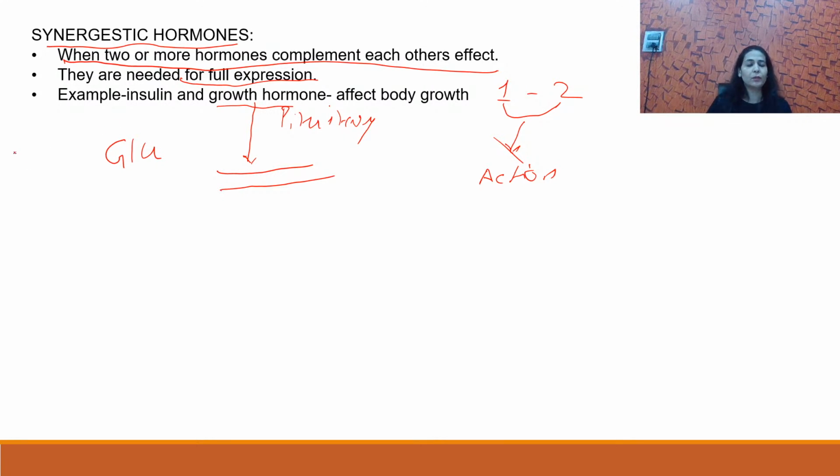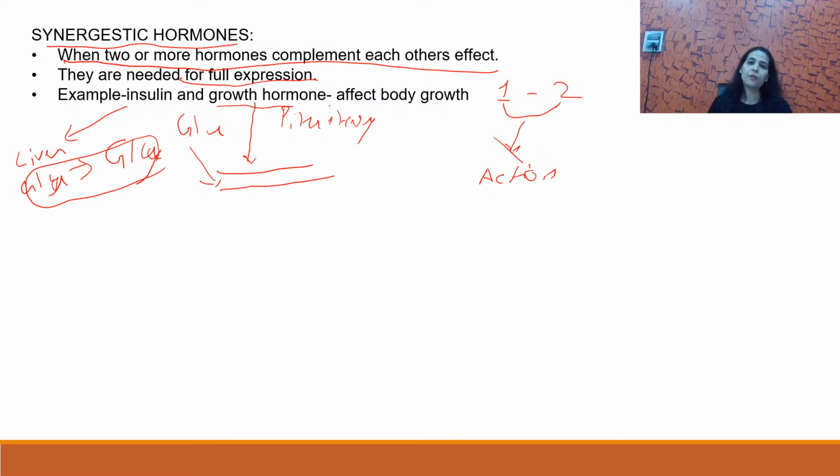From where will the glucose come? Insulin will cause glucose to convert into glycogen, so the extra will be stored in the liver. Secondly, it will cause cells to absorb more glucose, so it will reduce the blood glucose level.